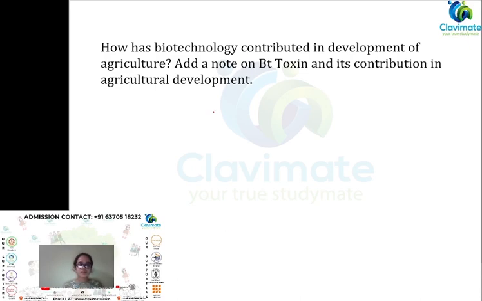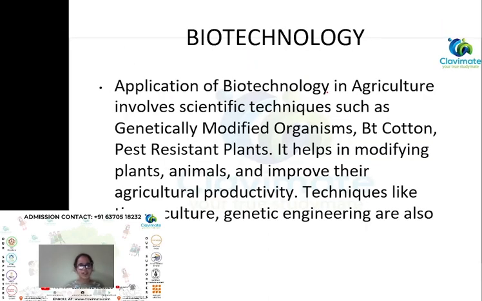First of all, biotechnology did contribute a lot in the development of agriculture. The application of biotechnology in agriculture involves several techniques such as genetically modified organisms, BT cotton, and pest resistant plants. All these things are done successfully because of the application of biotechnology.